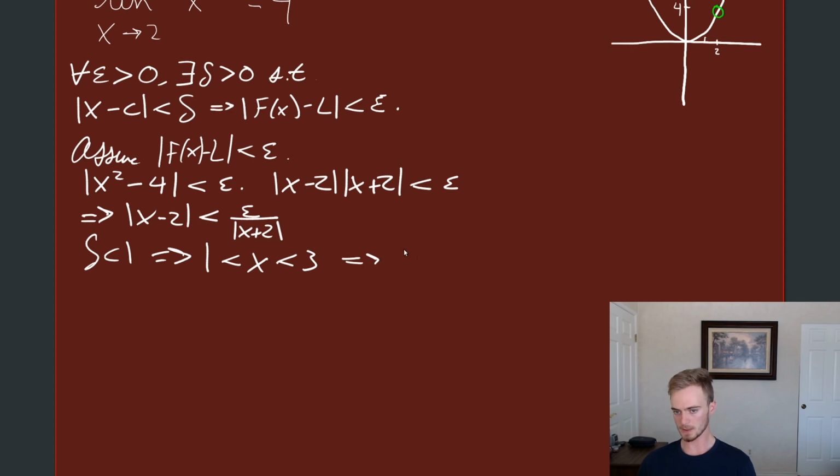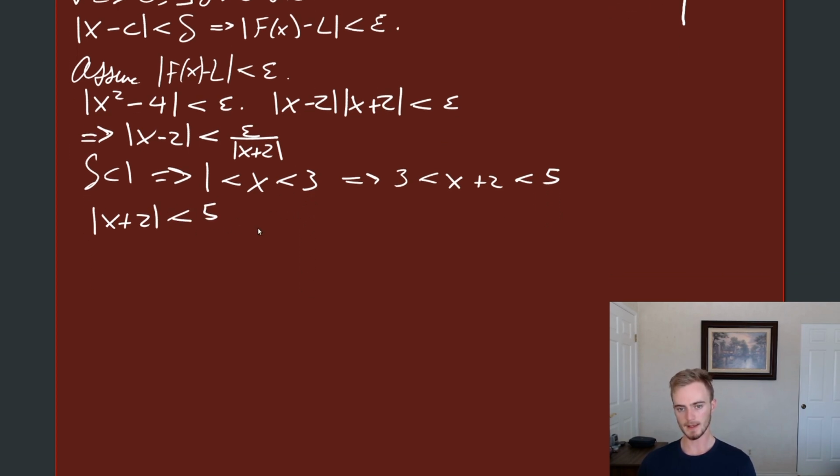So we do this. We add 2 to each side, right? x plus 2 is less than 5. Take the absolute value now, and we get the absolute value of x plus 2 is less than 5. And now we can take the reciprocal of each side.